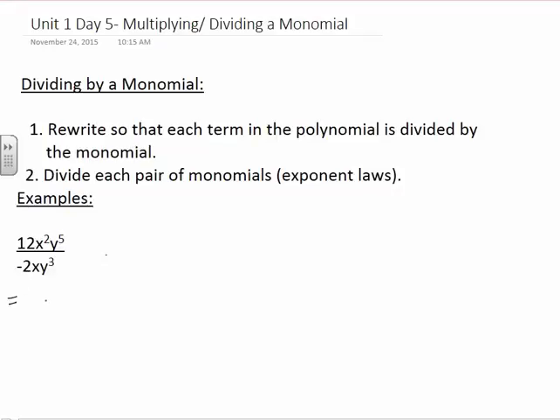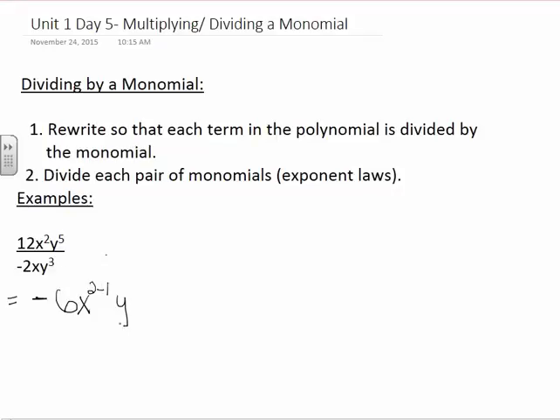And now we follow our exponent rules. So first we divide the numerical coefficients. So 12 divided by negative 2 is negative 6. Then we know that x squared divided by x, because we have to do like terms divided by like terms only, by exponent laws, is x^(2 minus 1).